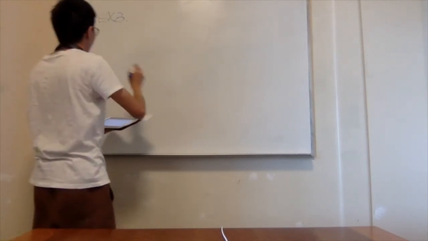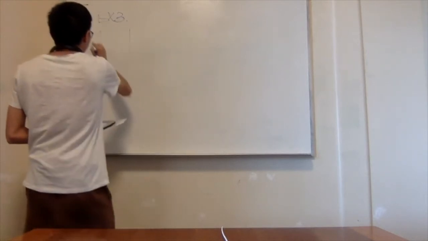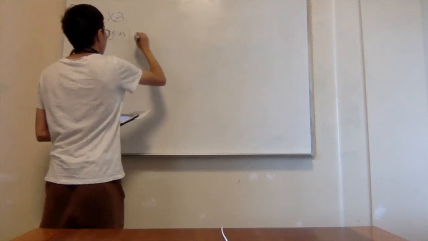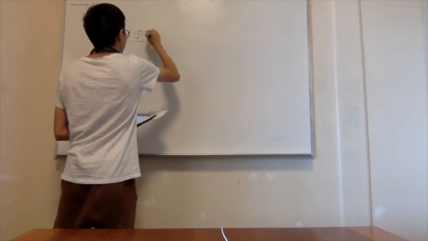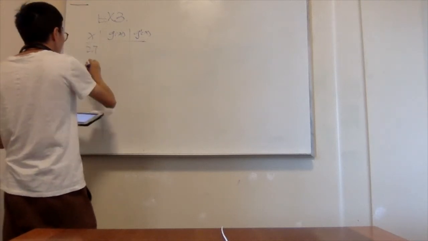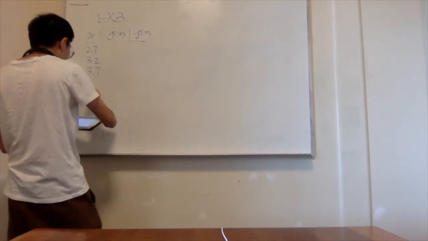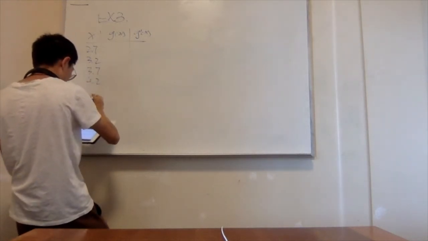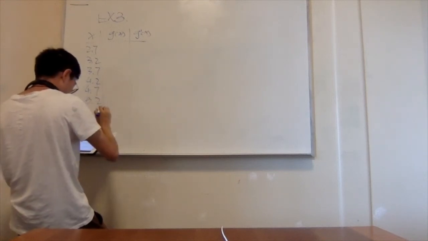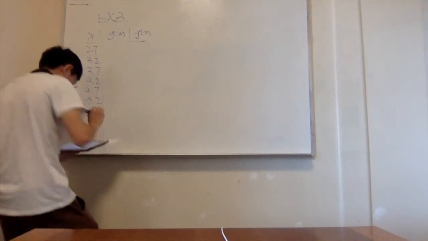So the table is here. x: 2.7, 3.2, 3.7, 4.2, 4.7, 5.2, 5.7, and 6.2.